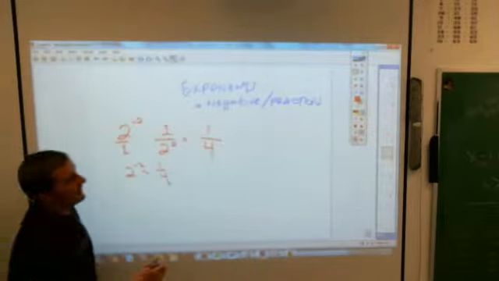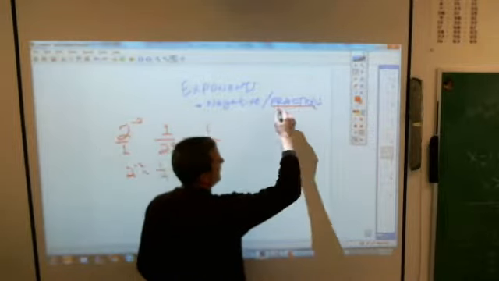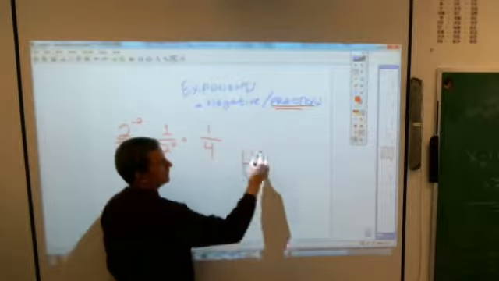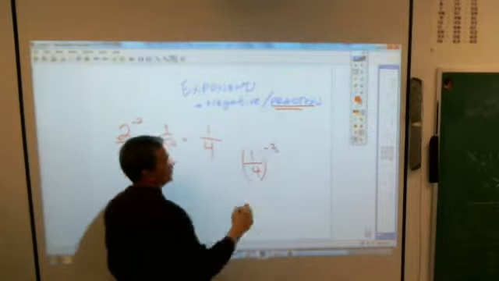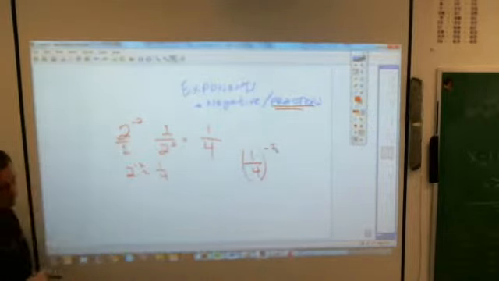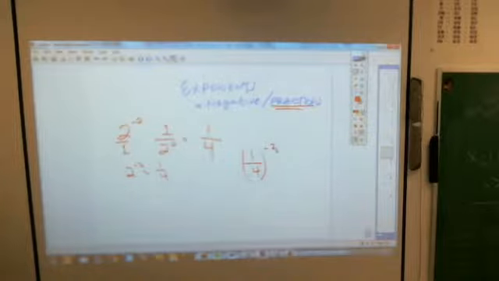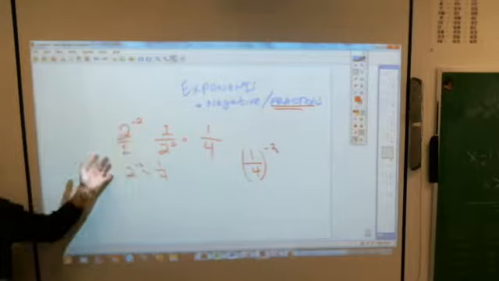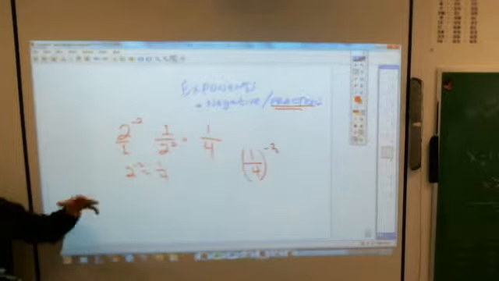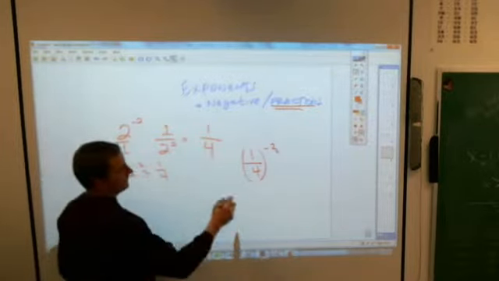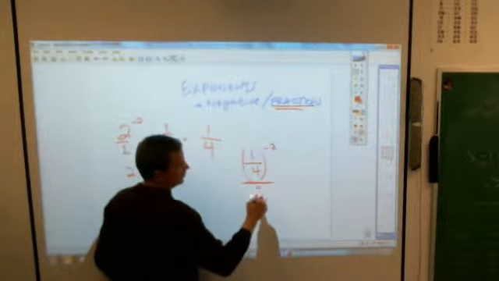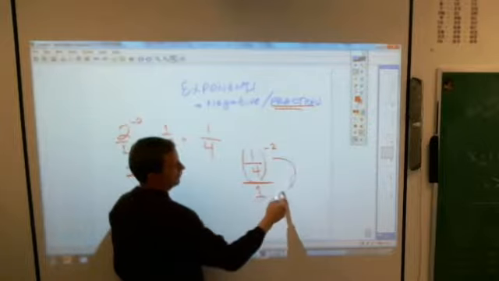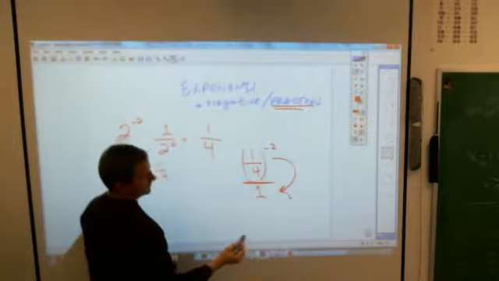Well, what if it is a negative exponent with a fraction? In other words, what if it was 1/4 to the negative 2 power? Well, we can apply the same thing here. We'll do it, and then I'll give you the easy way. If I pretend that this whole thing is over 1, and I flip it and put that 1/4 underneath there, what's it going to look like?